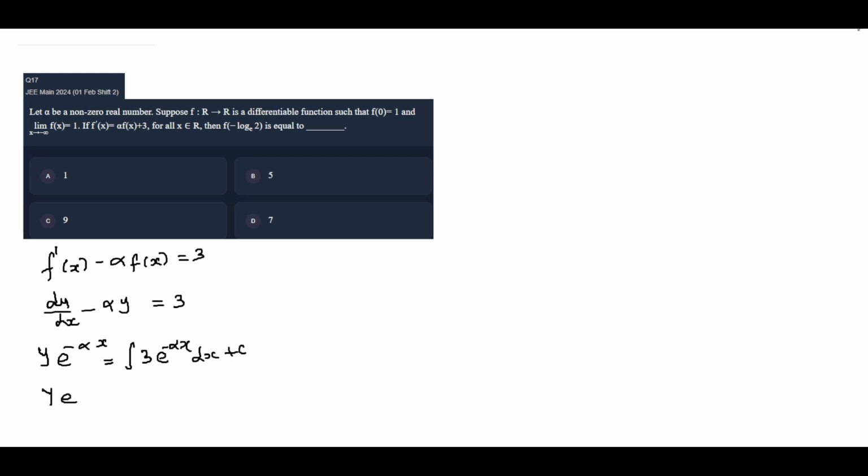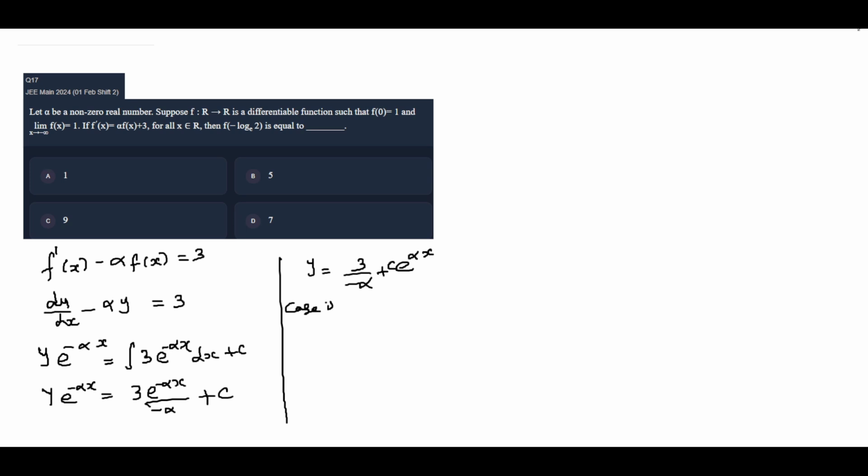So y into e power minus alpha x, which is equal to 3 into e power minus alpha x by minus alpha plus c. Now the condition will be limit x tends to, so y equal to 3 by minus alpha plus c into e power alpha x. Okay, so now we are discussing two cases.